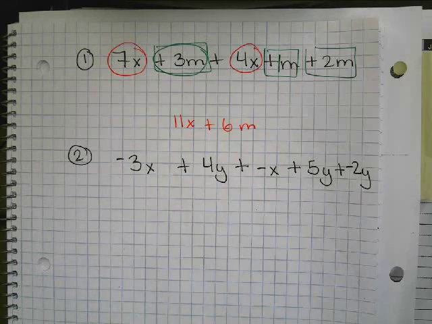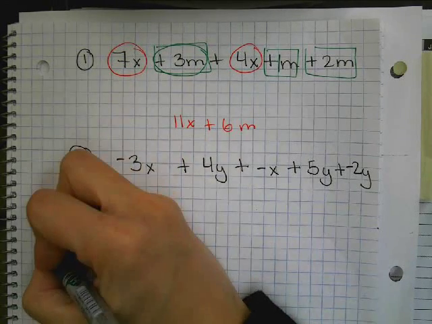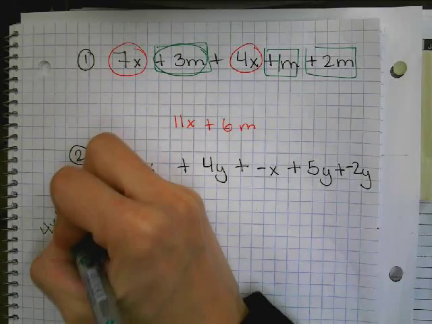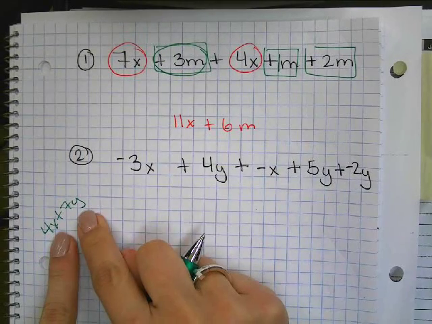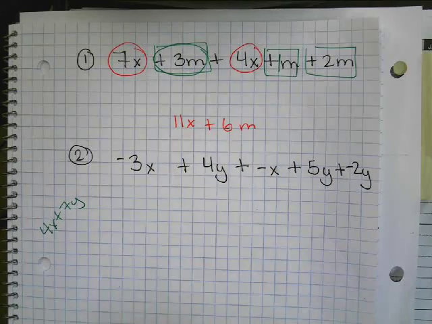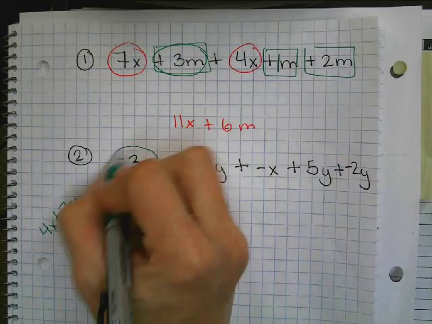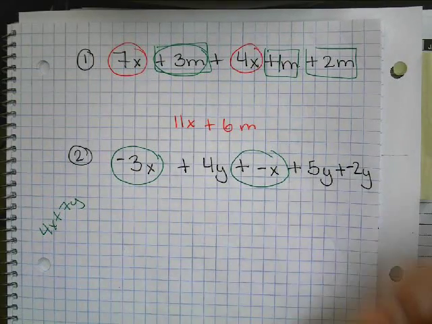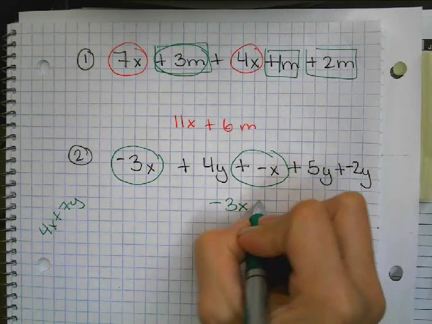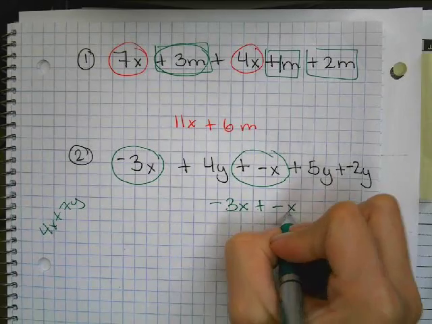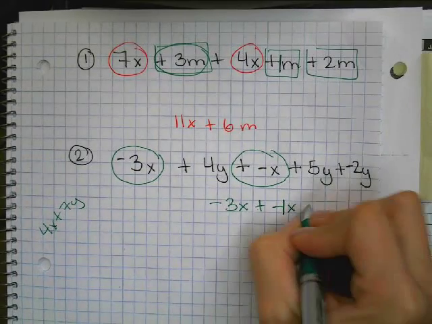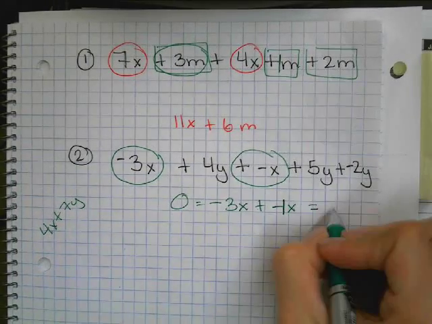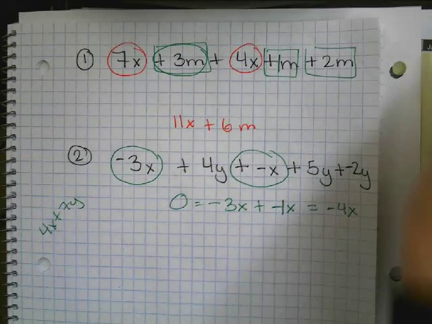Alright. Now, number 2. Who wants to volunteer and answer? Jennifer? Like that? 4x plus 7y? Alright, let's check. So I'm going to circle all my x's. Oh, just 2. So negative 3x plus negative x, so it'd be negative 1 right there, right? So that should be negative 4x.